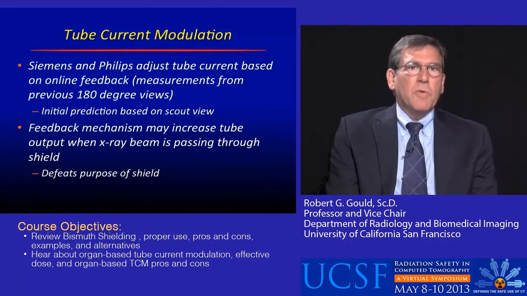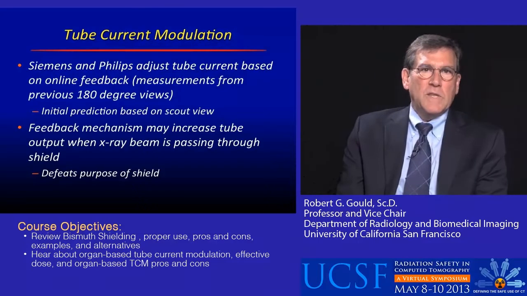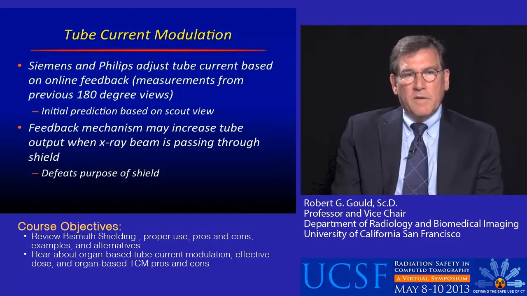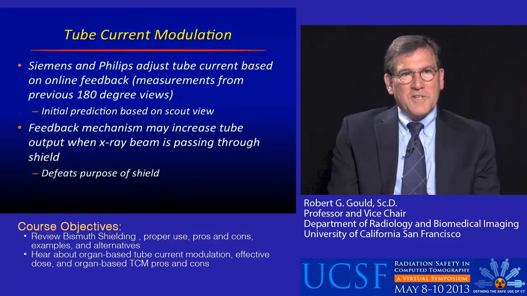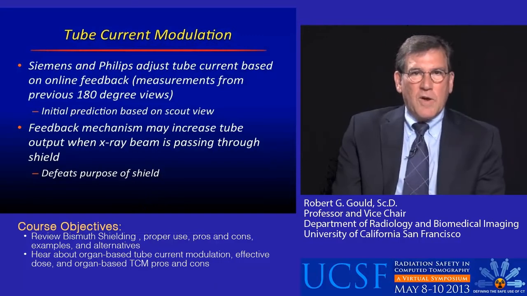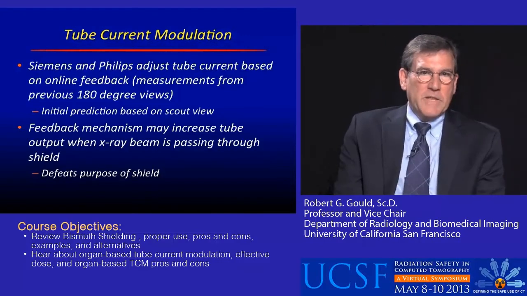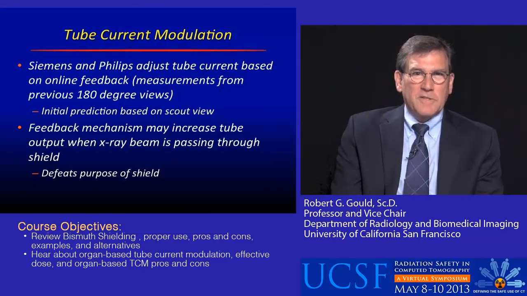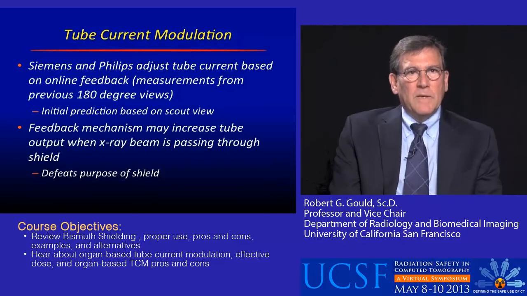There's no good paper that has demonstrated one way or the other. Generally, the feedback is a little bit softer than the adjustments made based on the scout view. I'm not sure soft is the correct term, but there's less manipulation of the beam current based on the feedback than there is on the scout view or topogram.